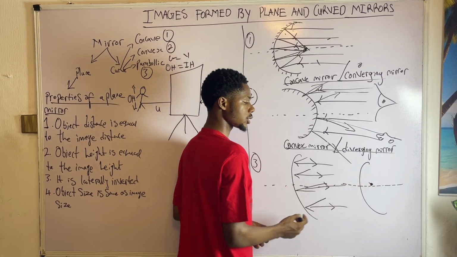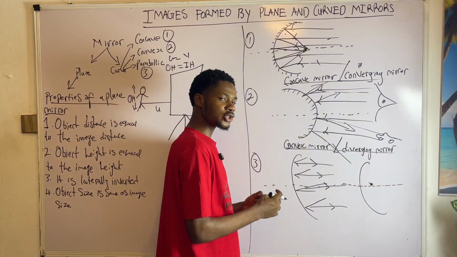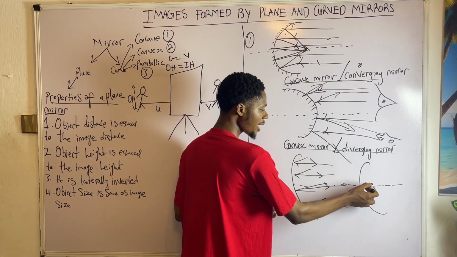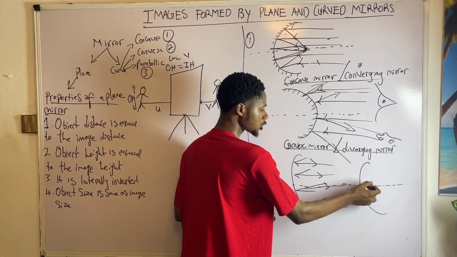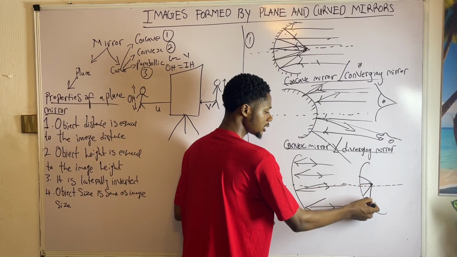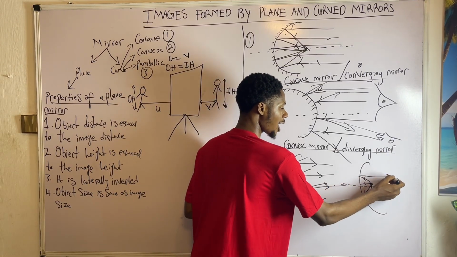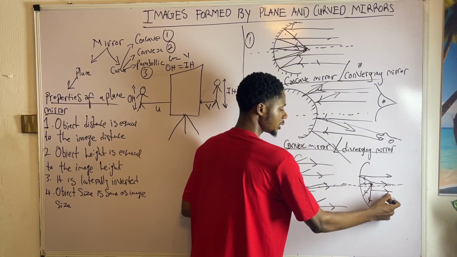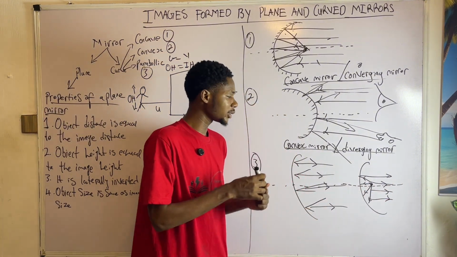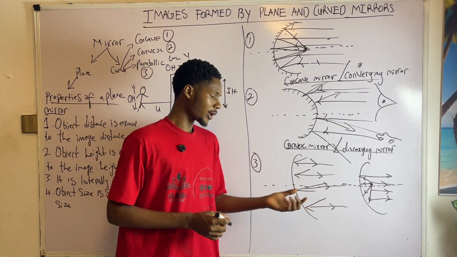If the light source is not so bright, whenever its light rays hit the surface, what we notice is that the light rays are going to travel parallel backward. That is, they are reflected backward. That is what a parabolic mirror does.